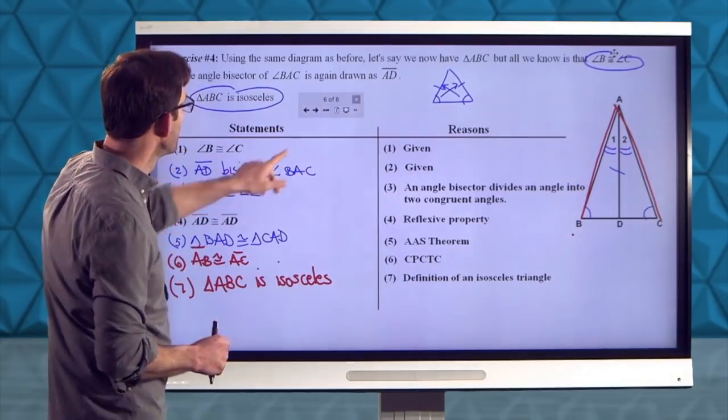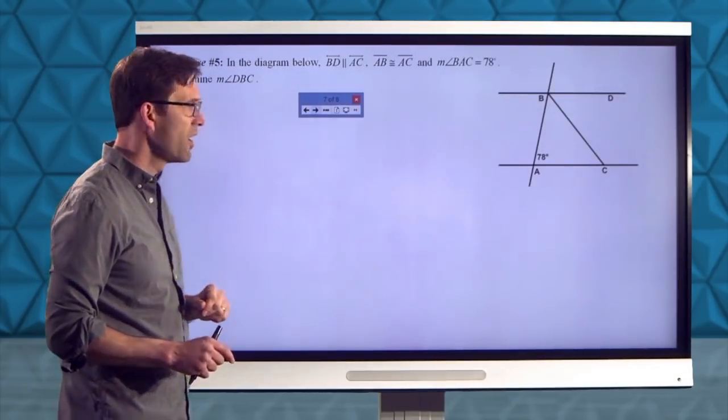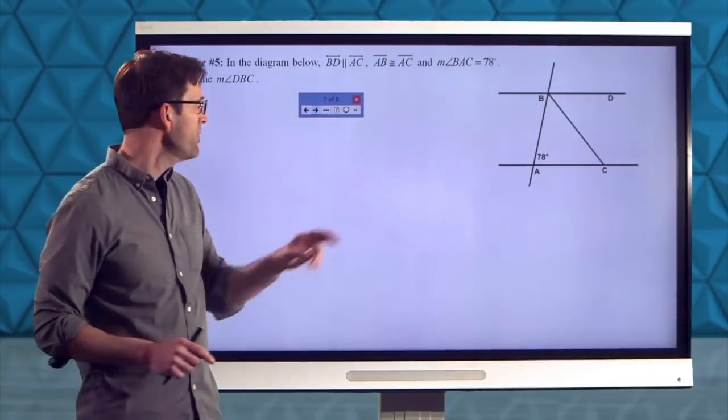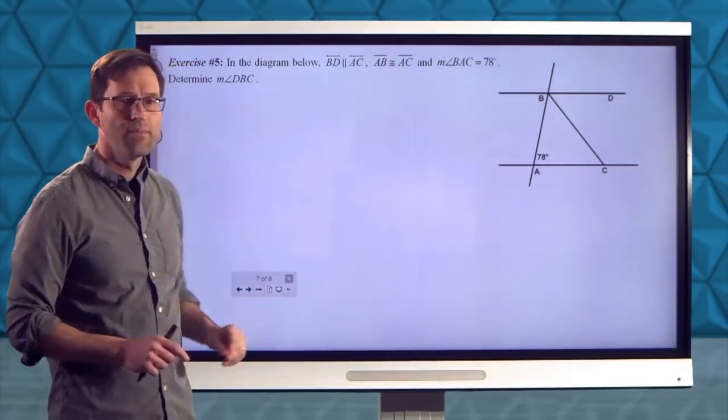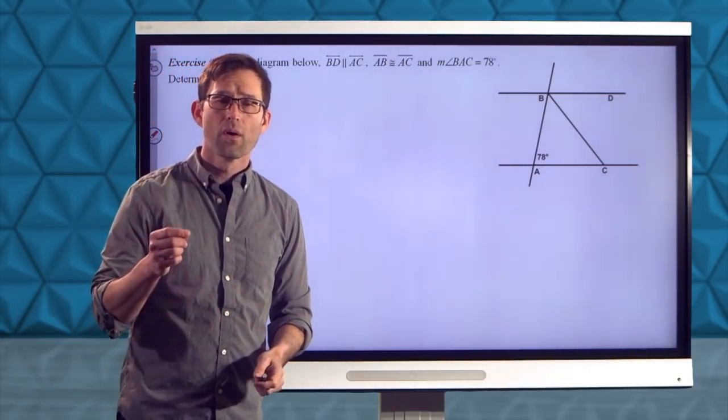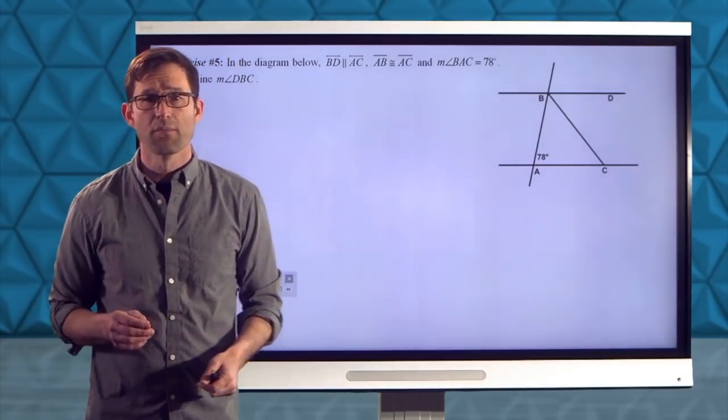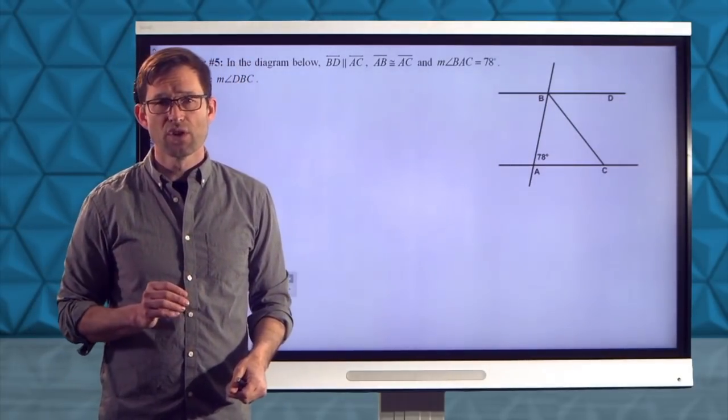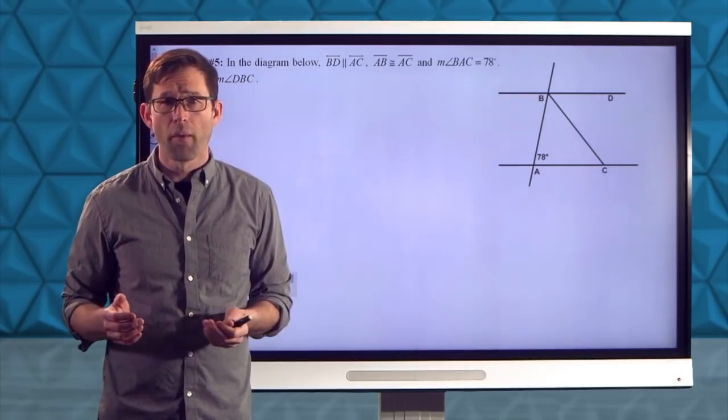Last problem. Many times you'll have to use one or the other, maybe sometimes even both, of those two things that we just proved in some kind of a problem.